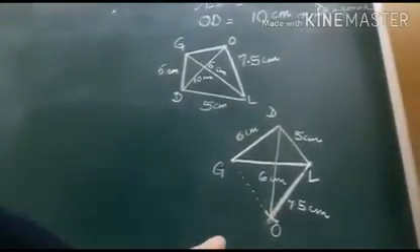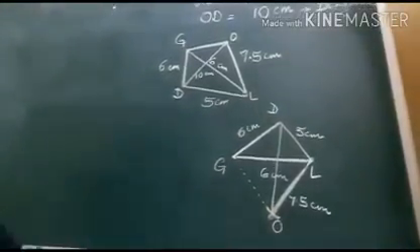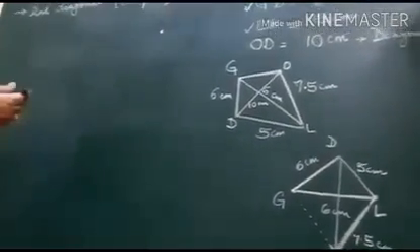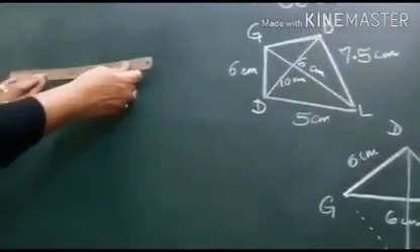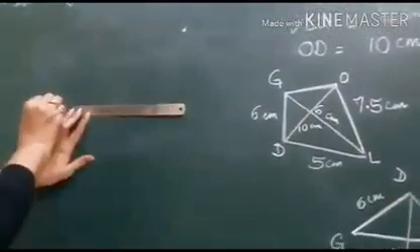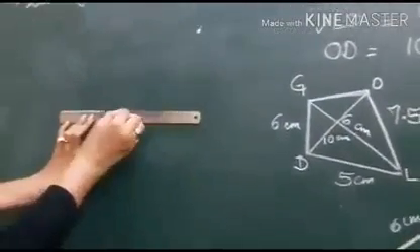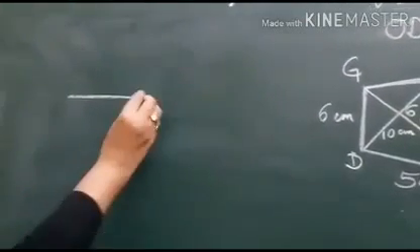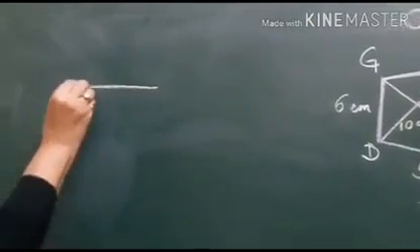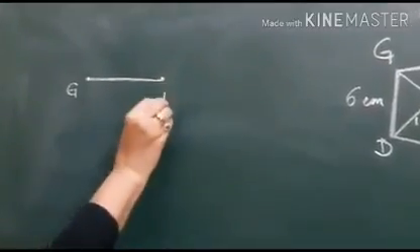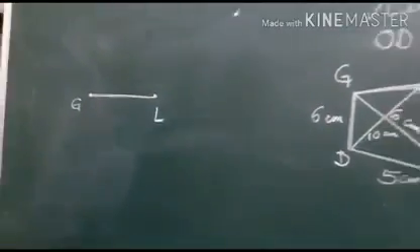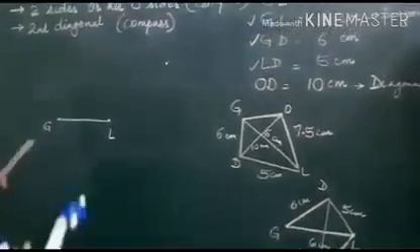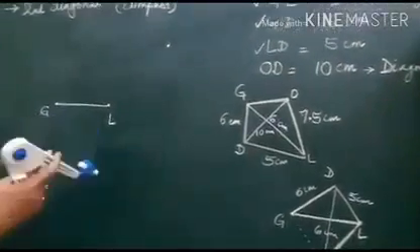So let's see how to construct it. First of all, we will draw GL. GL is 6 centimeters. So take a line segment which is 6 centimeters long and name it G and L. Now, from our rough figure we can see that from G we have to draw a 6 centimeter arc.